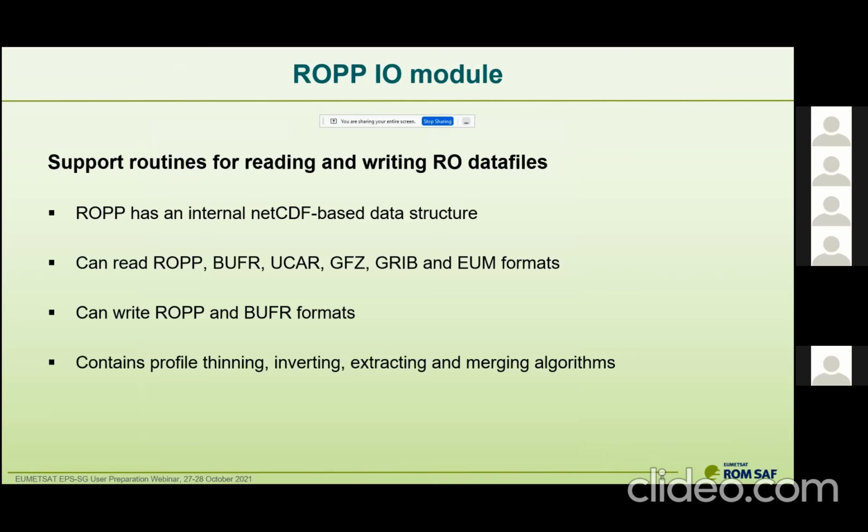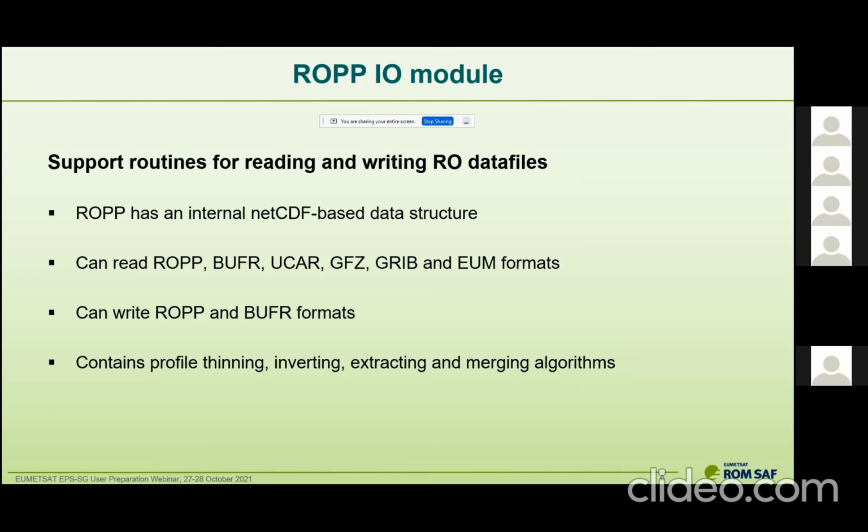The I/O module is also used by all the other modules. ROPP has its own internal NetCDF based data structure, which is fully described in the documentation, and we can read data from that same structure and do things with it. We can read data from buffer format, from UCAR format, the atmPrf and atmPhs files that some of you may be familiar with.